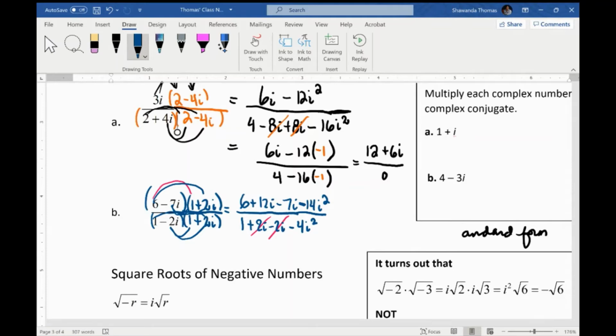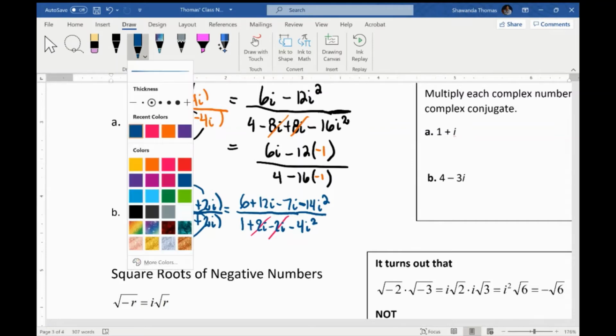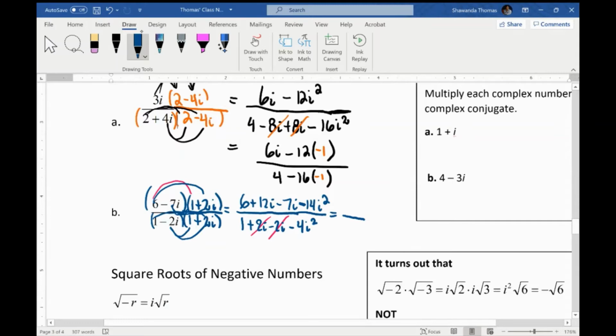I want you to write down what you think the next step is before I write the next step. I'm going to give you 60 seconds to work on it. All right. We have 6. Did you all combine your like terms?